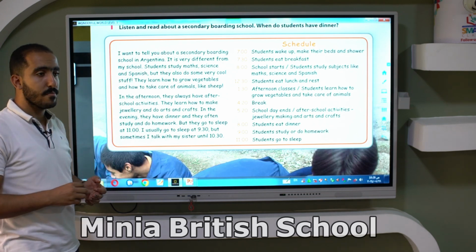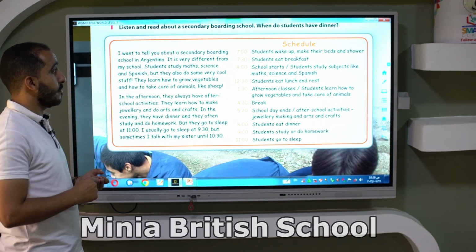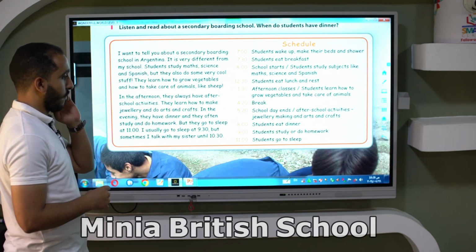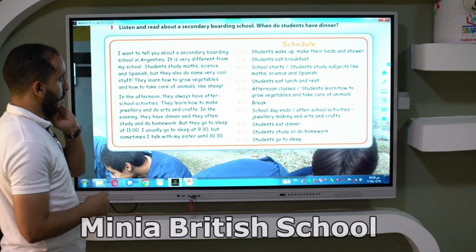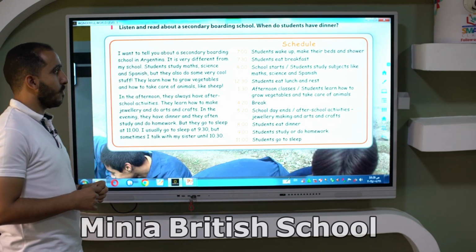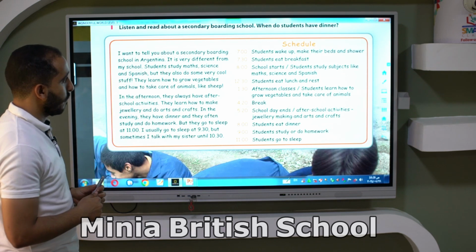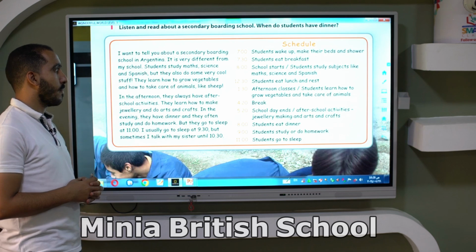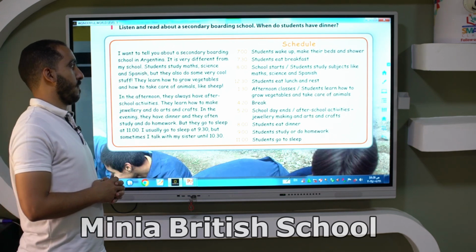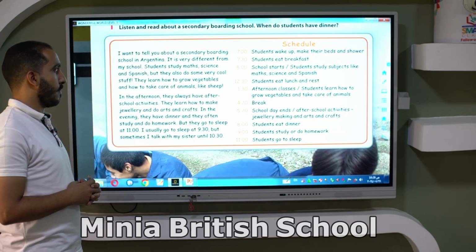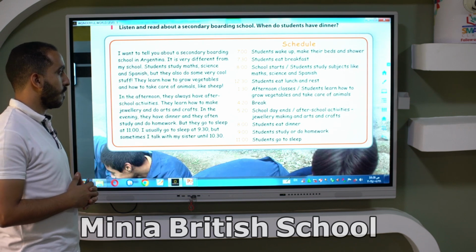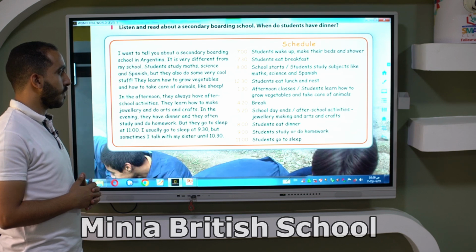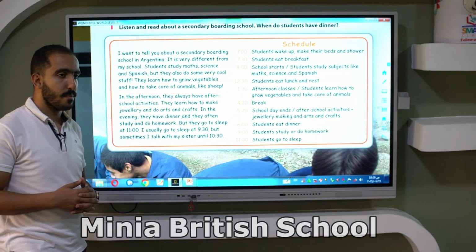Schedule. 7 o'clock. Students wake up, make their beds and shower. 7:30. Students eat breakfast. 8 o'clock. School starts. Students study subjects like maths, science and Spanish. 12:30. Students eat lunch and rest. 1:30. Afternoon classes.